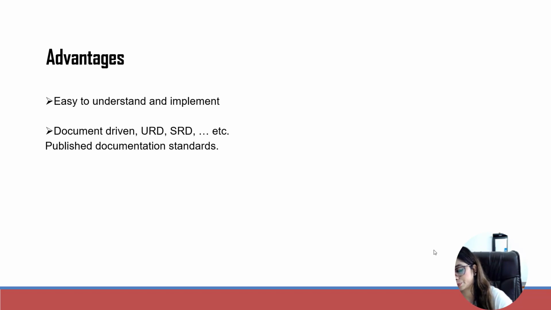But here, it's an old model and nowadays it's becoming obsolete, but we cannot say that it's no more used. It's becoming gradually obsolete because agile is coming into the picture, and most of the companies are trying to follow agile because agile is a very flexible and very fast model.